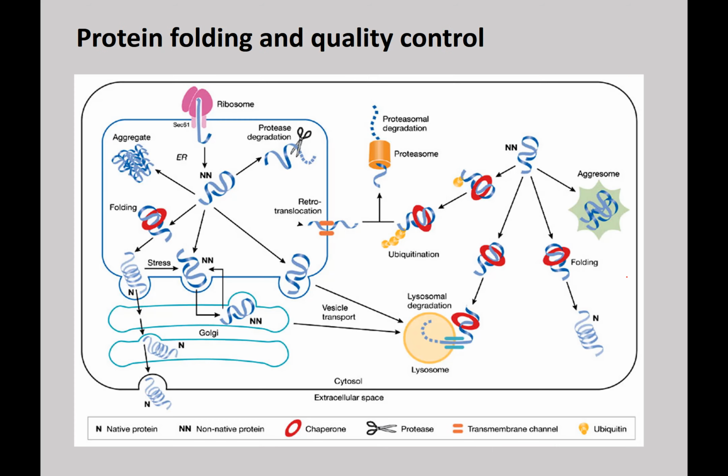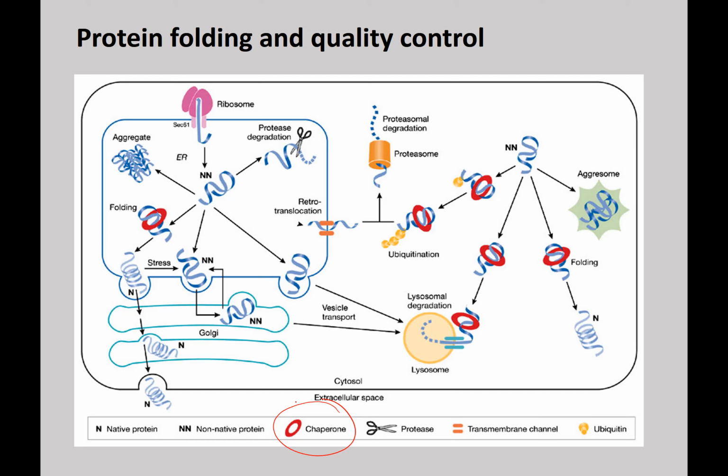All right, protein folding and quality control. Okay, this is a really busy slide. This is not meant for you to know. I want you to understand that we have many mechanisms in our cell to get rid of a protein when it doesn't fold correctly. So all these little red circles are chaperones.